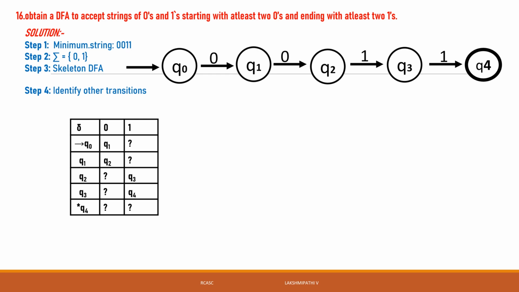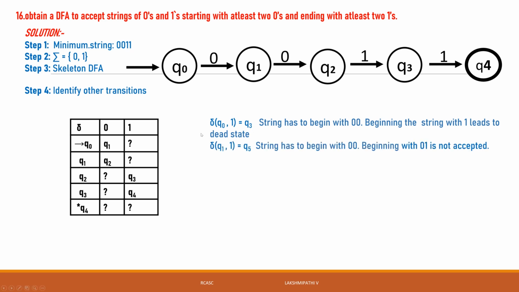Clear? Q0 of 1 is Q5, the dead state. Q1 of 1 is also the dead state. The string has not begun with 0 0; a string that starts with 1 leads to the dead state.